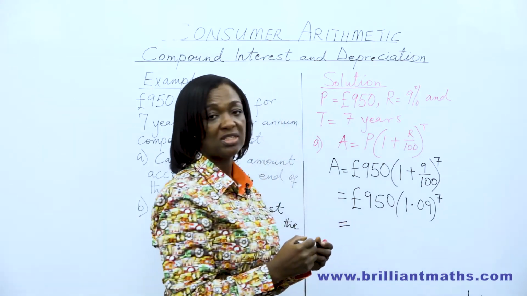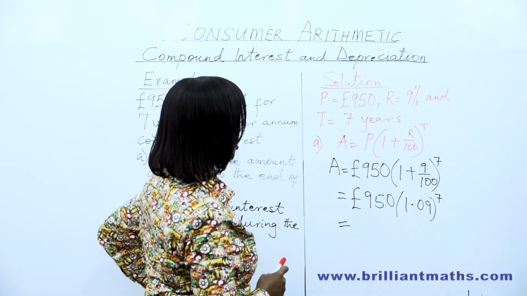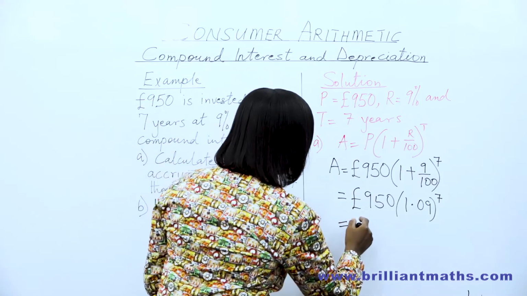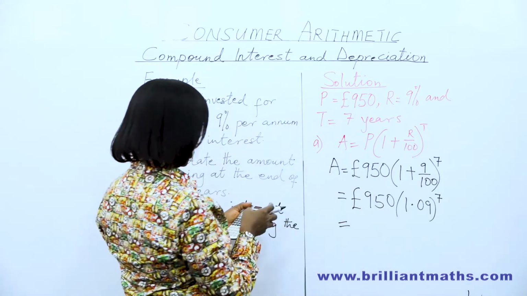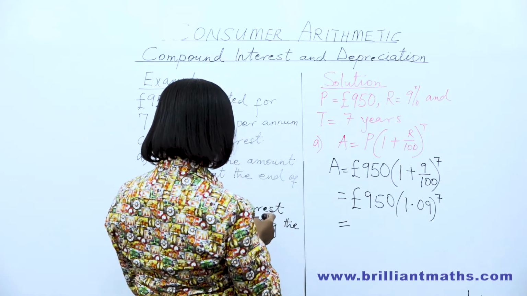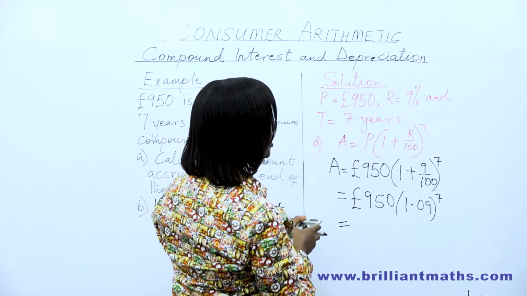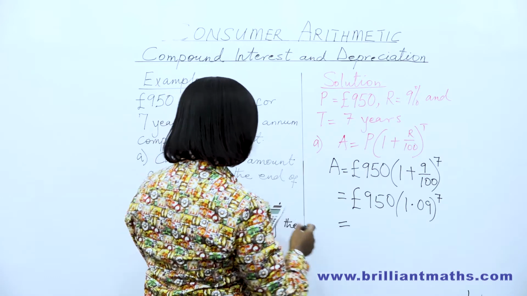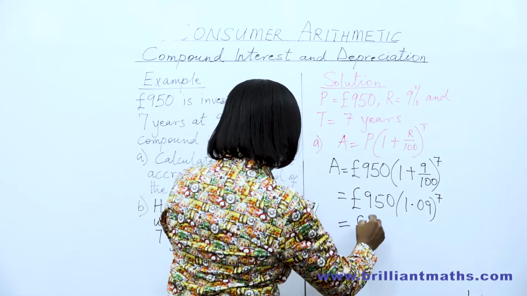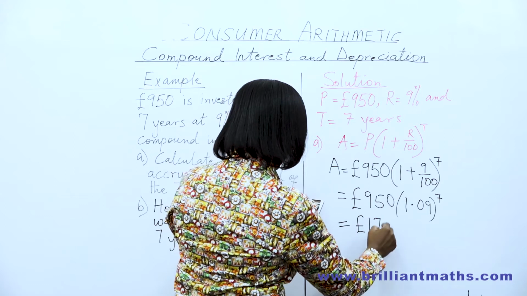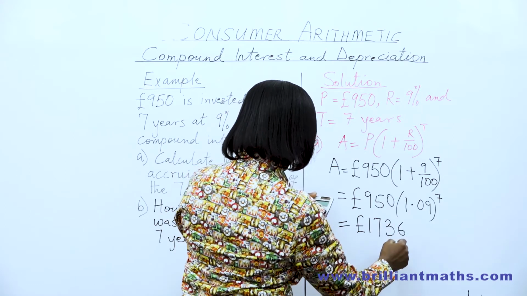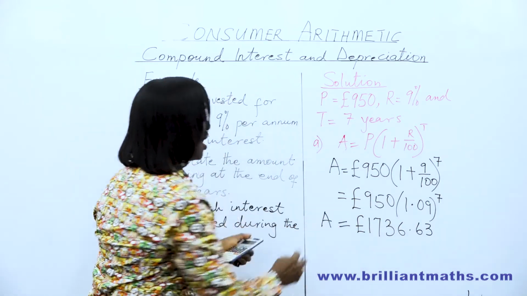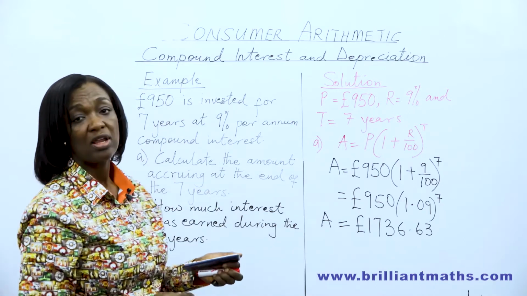So let's input this into the calculator. We have £950 times 1.09 to the power 7. And that gives us 1,736.63. So that's the amount after 7 years.